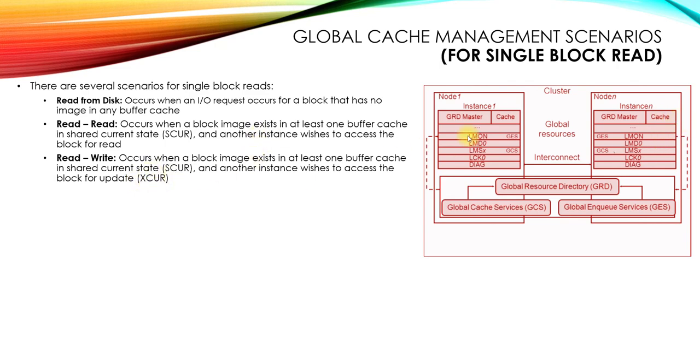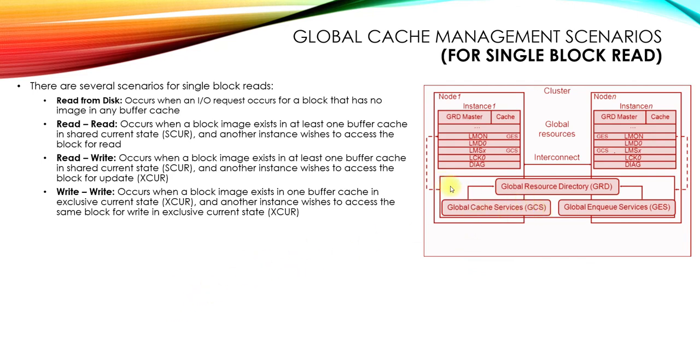It will not remain shared current, because last time I told you that when the block is being copied just to read it from the other node, it will be in shared current. But when the user is requesting the block from the other node to modify it, that specific block will become exclusive current, the latest, and it will have the latest SCN as well.